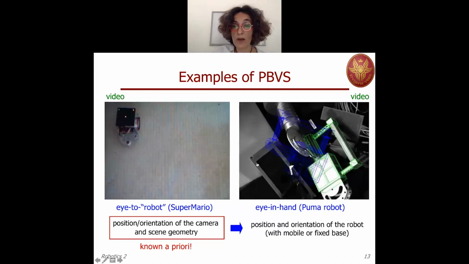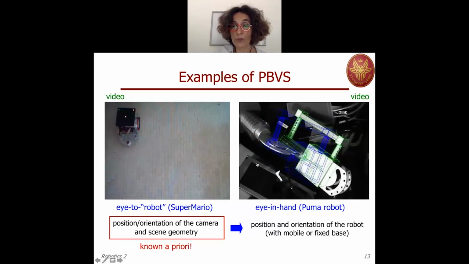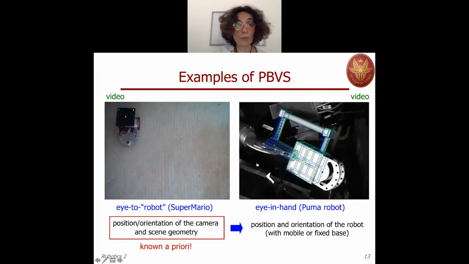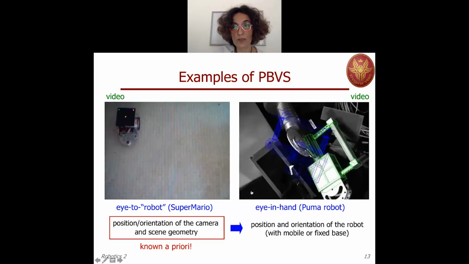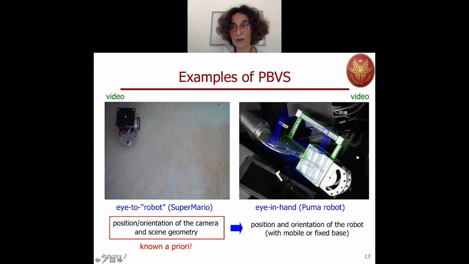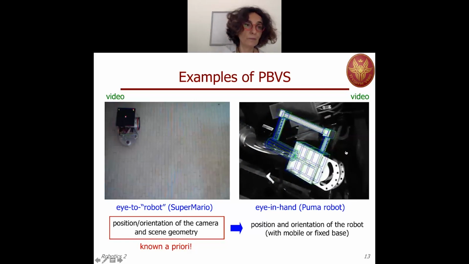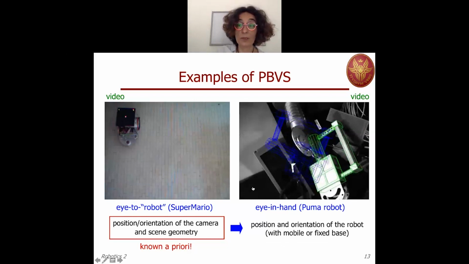Here instead we have an eye-in-hand configuration, where the desired pose superimposed on the image plane is the blue one. The target, the object that is detected and reconstructed in the image, is the green one.